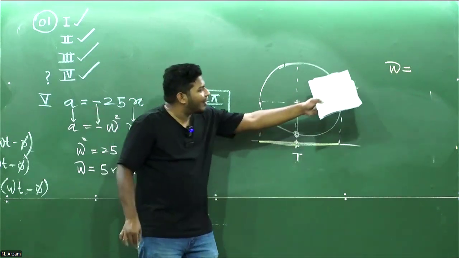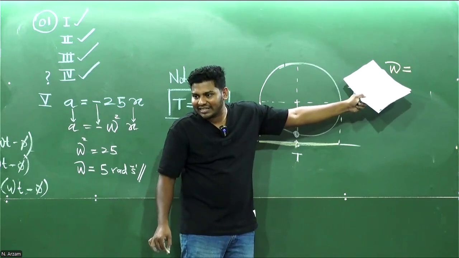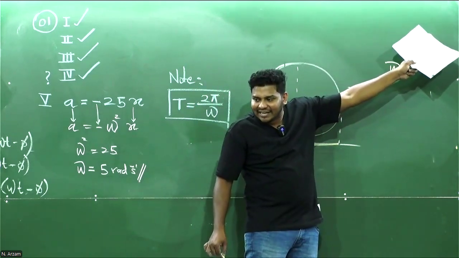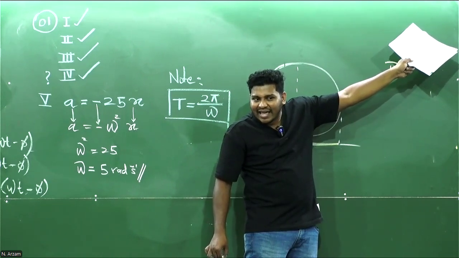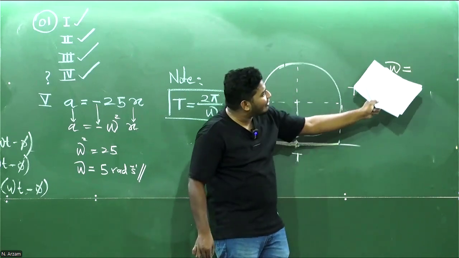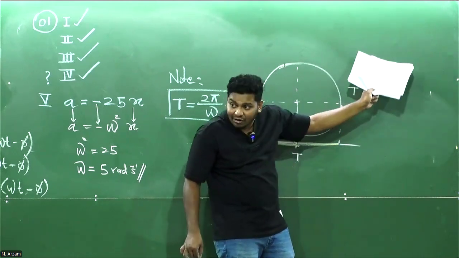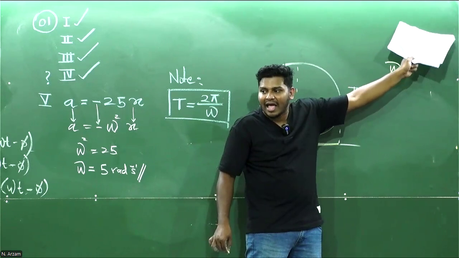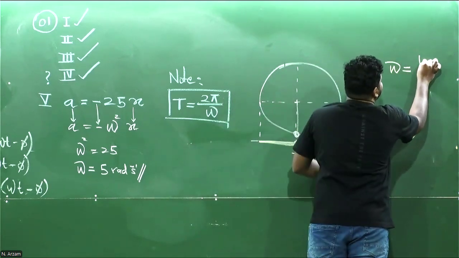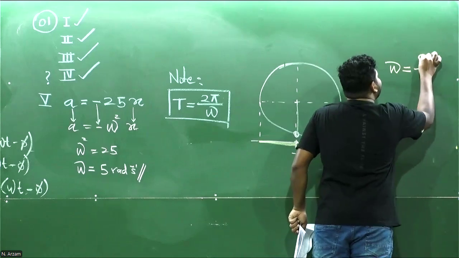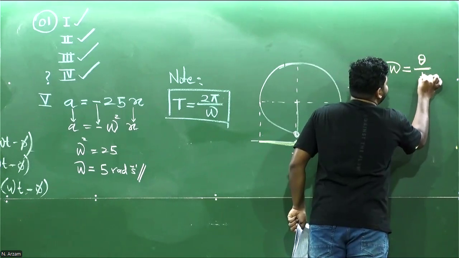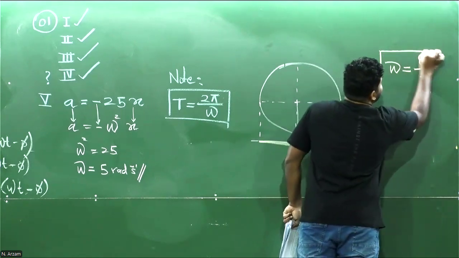Here, omega is angular velocity, which is equal to angular displacement divided by time. Angular displacement we measure with theta. So theta divided by t. This is the equation, guys.